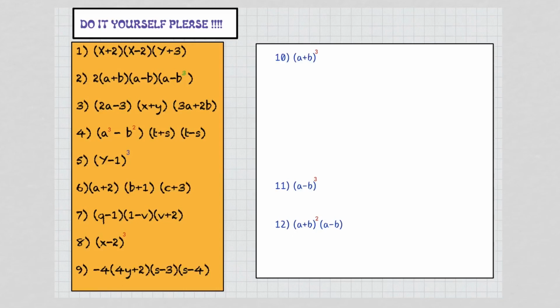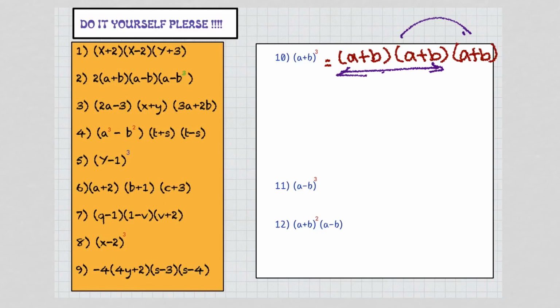I'm just going to attempt one more question for you guys, then after that it would be the end of this video. So let's look at a plus b all cubed. When you have any question like this, the cube means you multiply a plus b 3 times with itself. The rule is the same: first we multiply the first two terms, whatever answer we get for the first two, we multiply it with the third one.